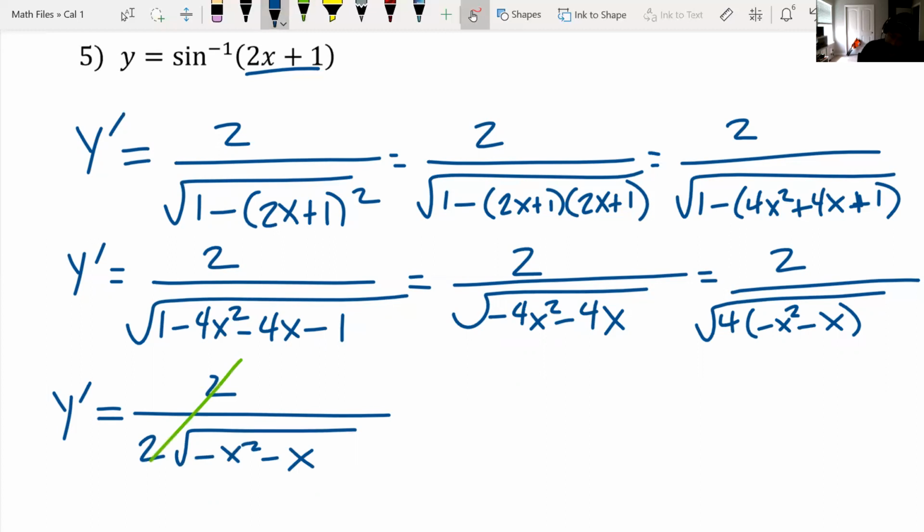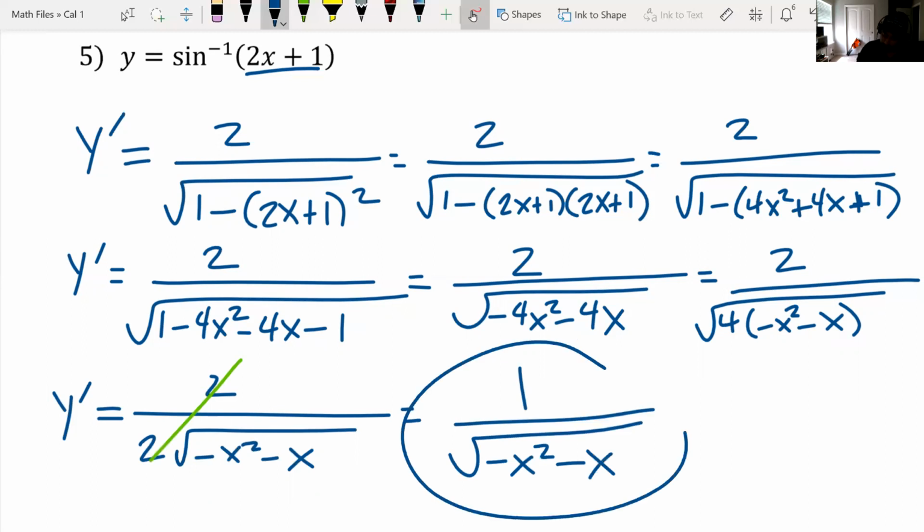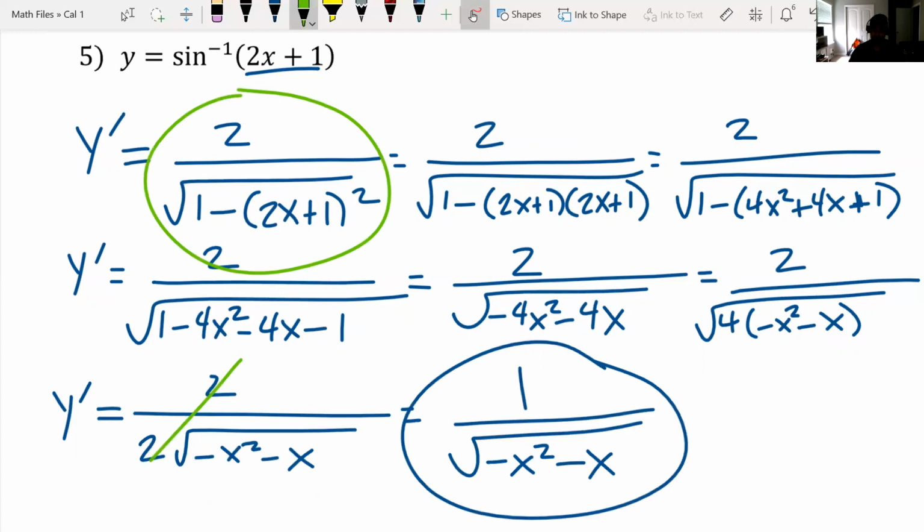Cancel. We get just 1 over the square root of negative x squared minus x. That is good practice. Not sure you have to do it. I wonder if WebAssign just takes that as an answer. If it doesn't, then yes, you must do all of this. But I'd say do it. It's good practice for your algebra skills, which you all are lovely at. Okay? All right. Next.